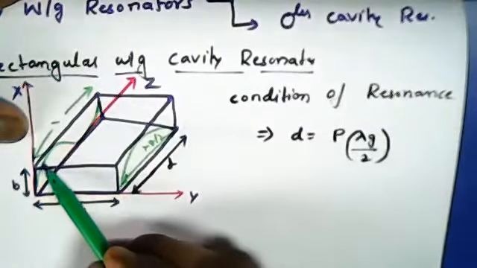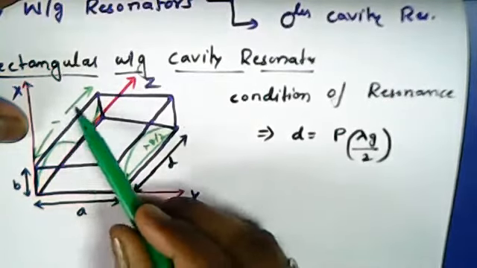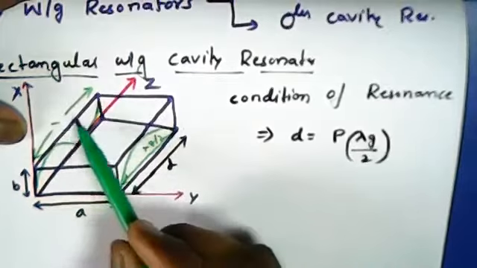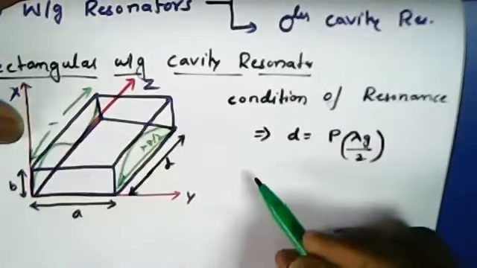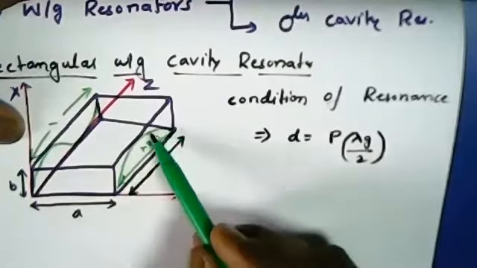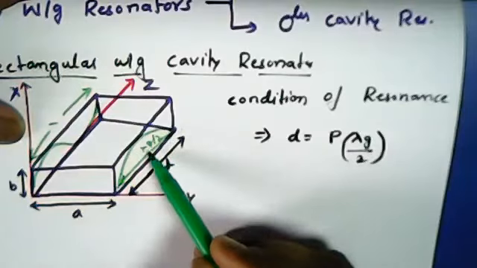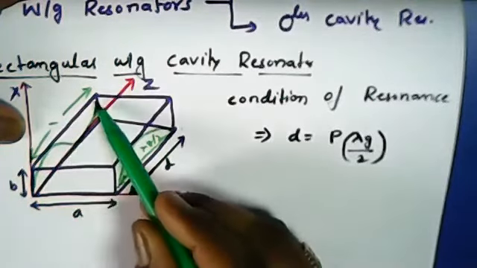If the wave is like this, what is the length of the wave, the resonant length? Can you tell me? Lambda G. Yes, Andy, good. It is 2 lambda G by 2. It is half, which is nothing but lambda G by 2, and now it is the second half.